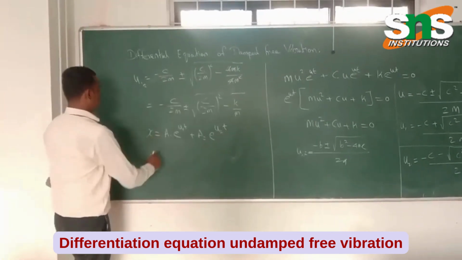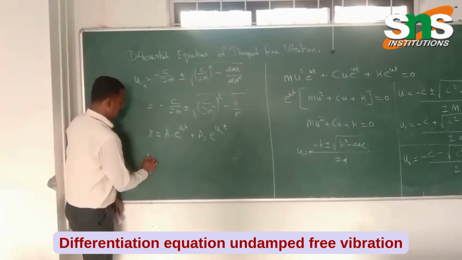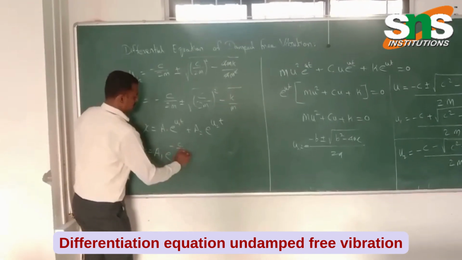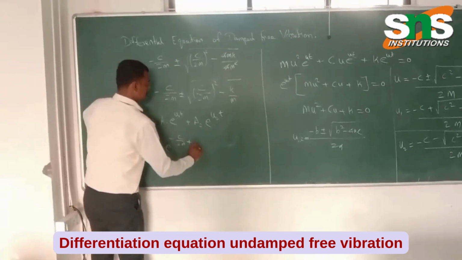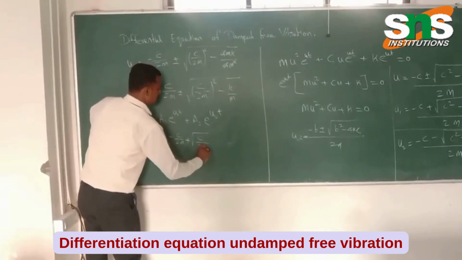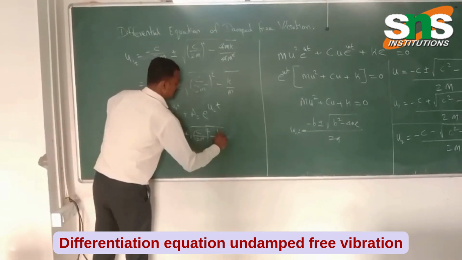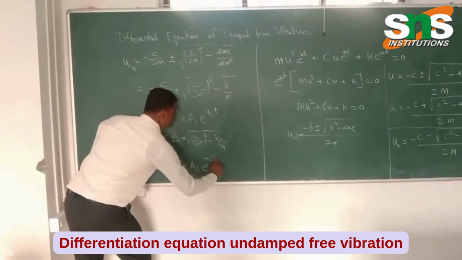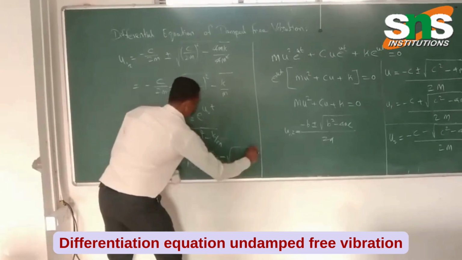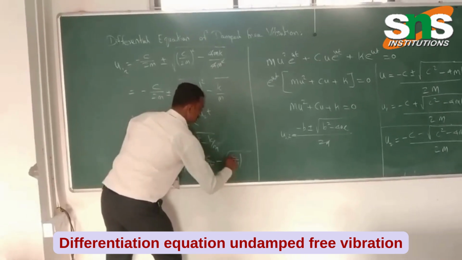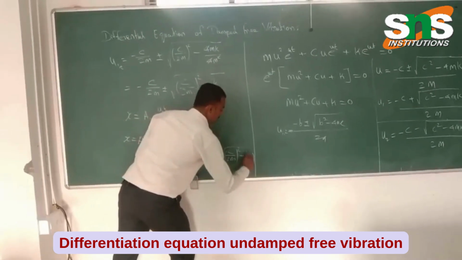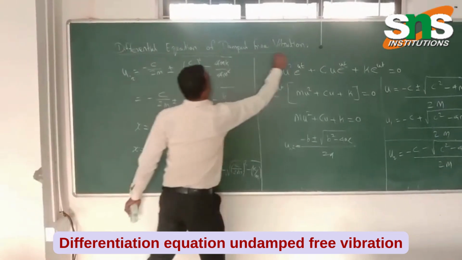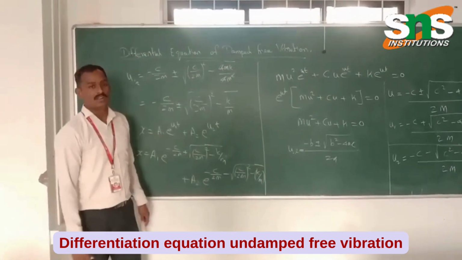If you substitute this, the displacement will become a1 e power of minus c by 2m plus root of c by 2m the whole square minus k by m, times t, plus a2 e power of minus c by 2m minus root of c by 2m the whole square minus k by m, times t. So this is how we get the differential equation solution for the damped vibration.